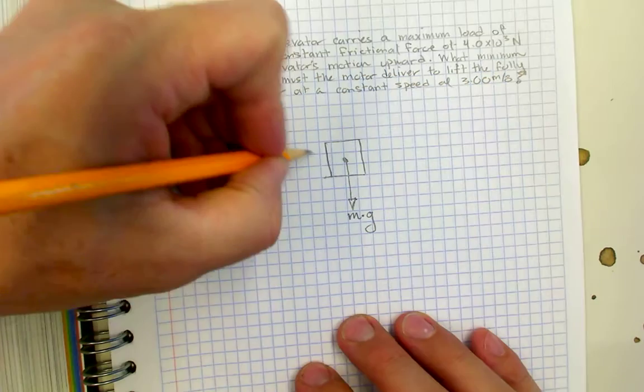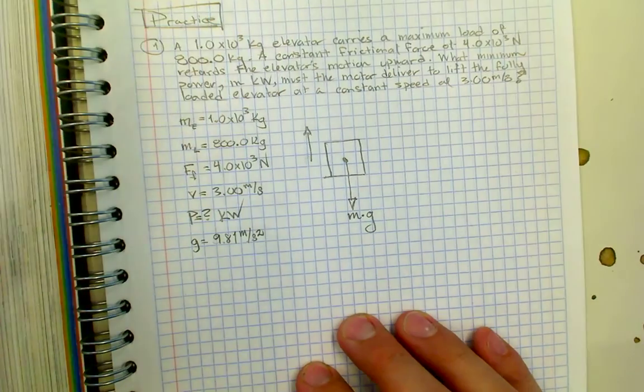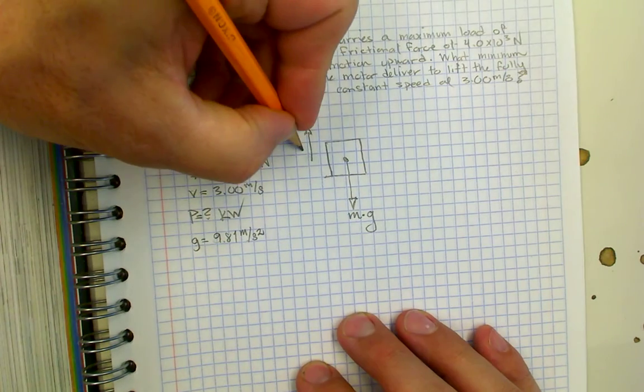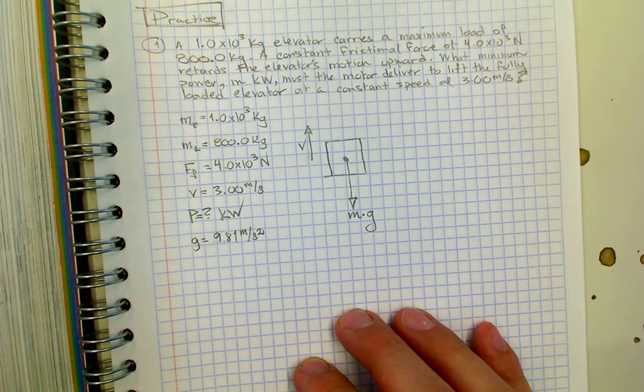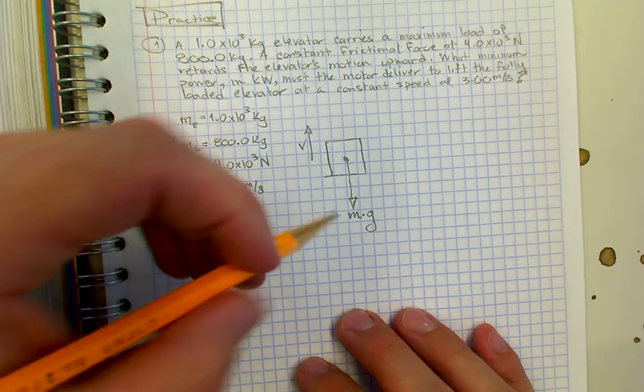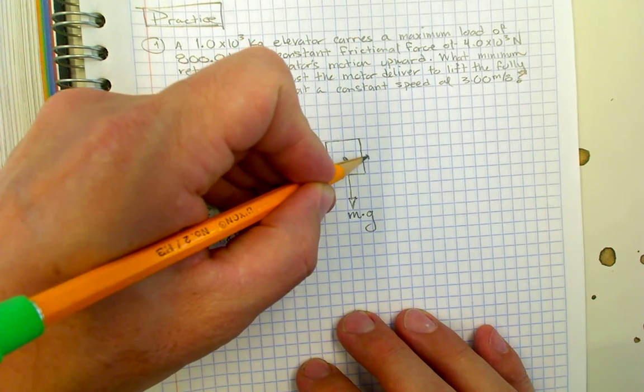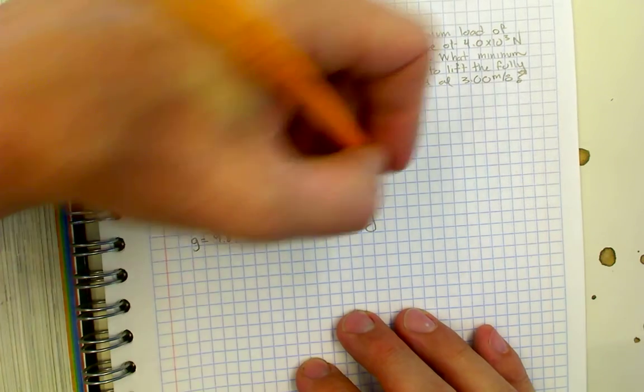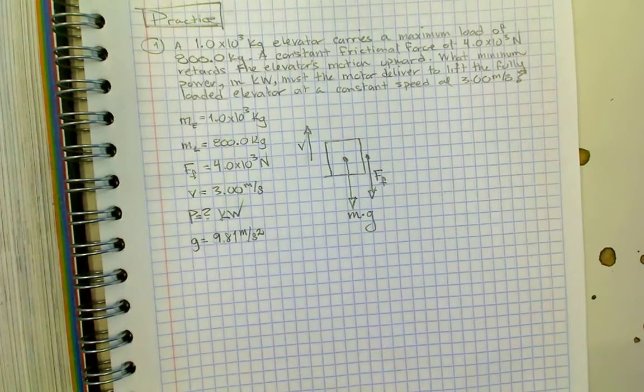Let's imagine that the elevator is moving this way. It's going up with a speed of v. Okay? There's also going to be a frictional force, and I'll just draw that here, acting in this direction.